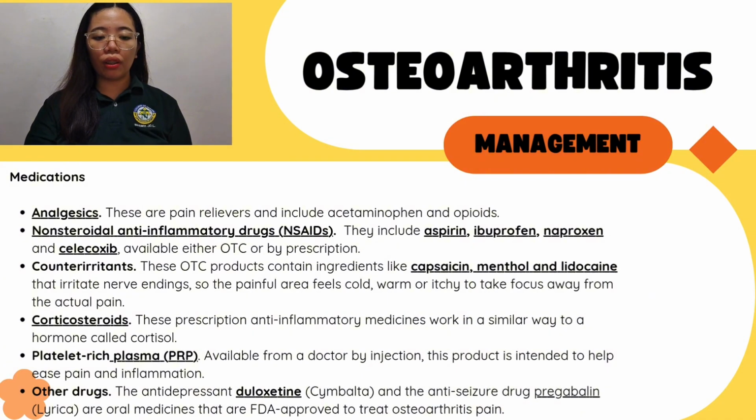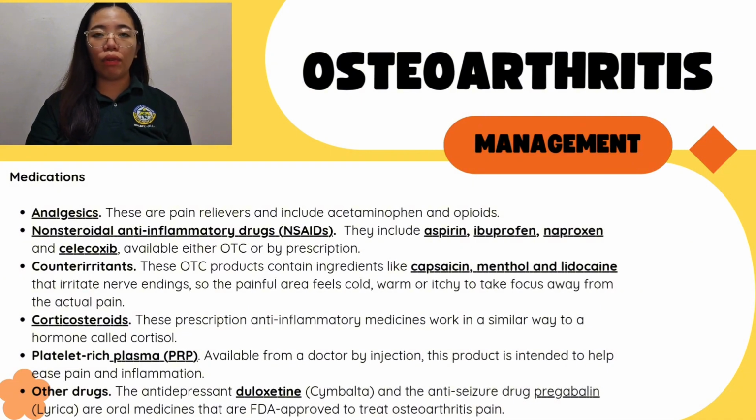Counter-irritants. These are over-the-counter products containing ingredients like capsaicin, menthol, and lidocaine that irritate nerve endings so the painful area feels cold, warm, or itchy to take focus away from the actual pain. Corticosteroids. This prescription anti-inflammatory medicine works in a similar way to a hormone called cortisol.